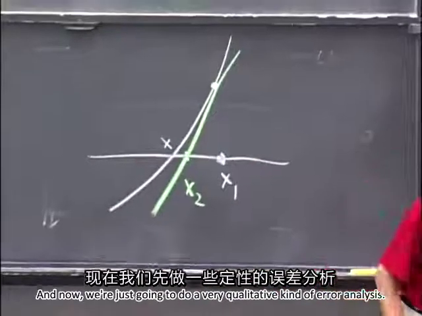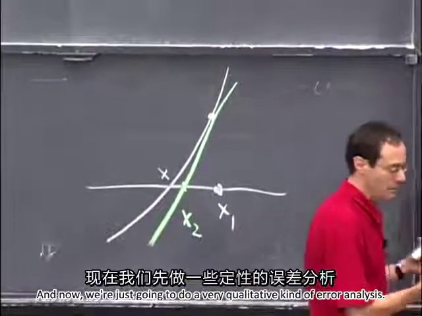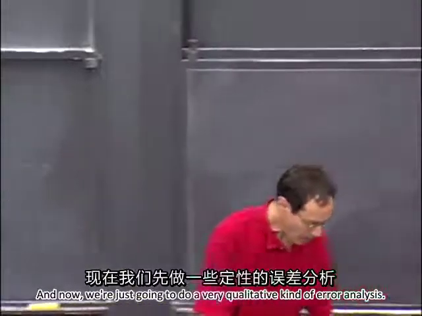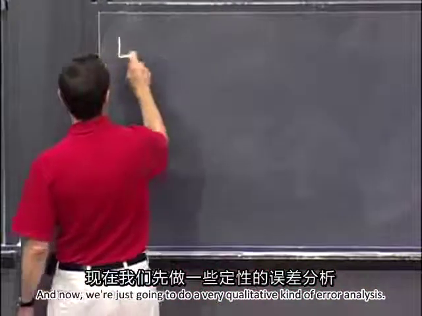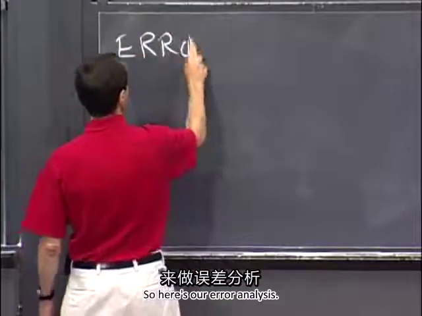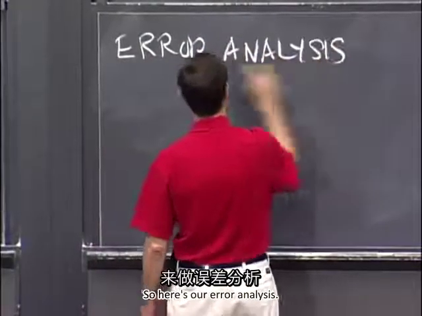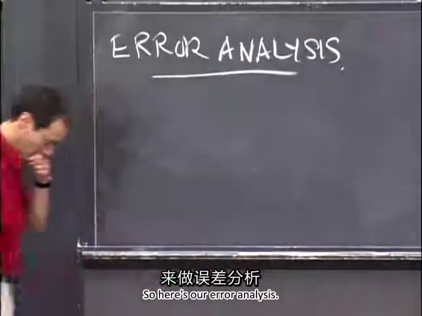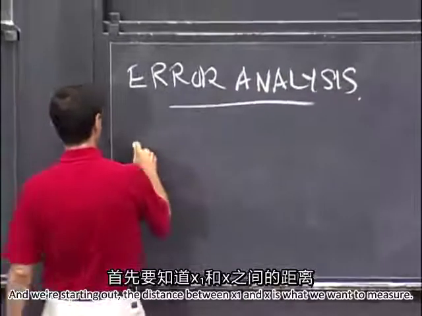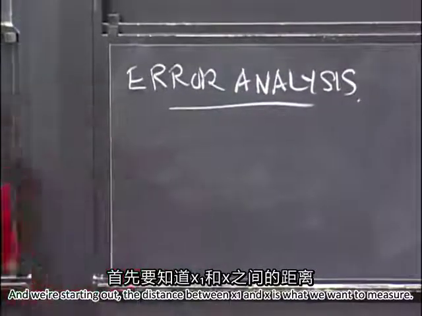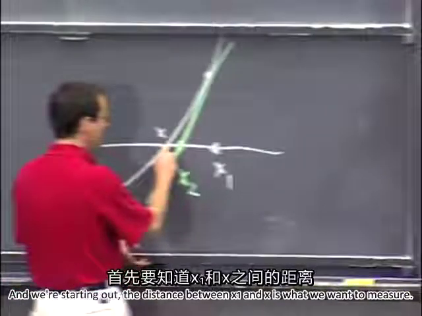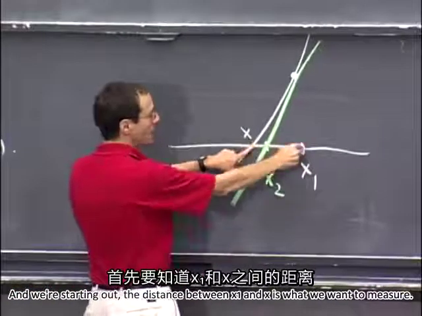And now we're just going to do a very qualitative kind of error analysis. So here's our error analysis. We're starting out, the distance between x1 and x is what we want to measure.